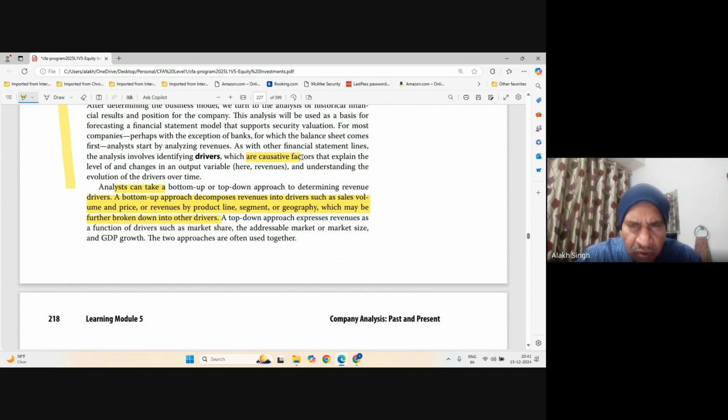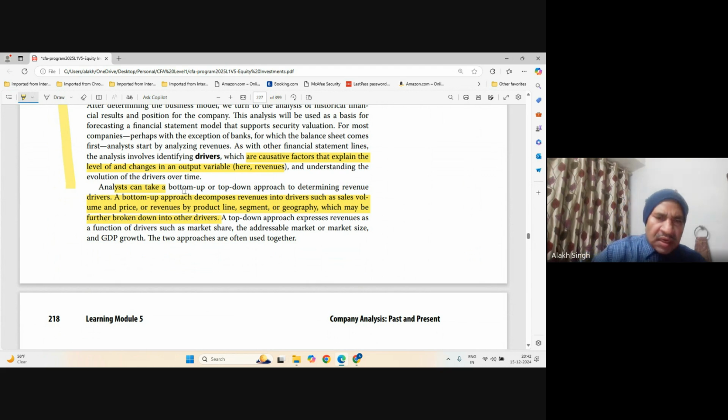The drivers are causative factors that explain the level of and changes in an output variable, here revenue. So drivers are the reasons or causes, the factors that explain why it is happening and why it is changing, and understanding the evolution of the drivers over time means how the reasons for revenue change over time.